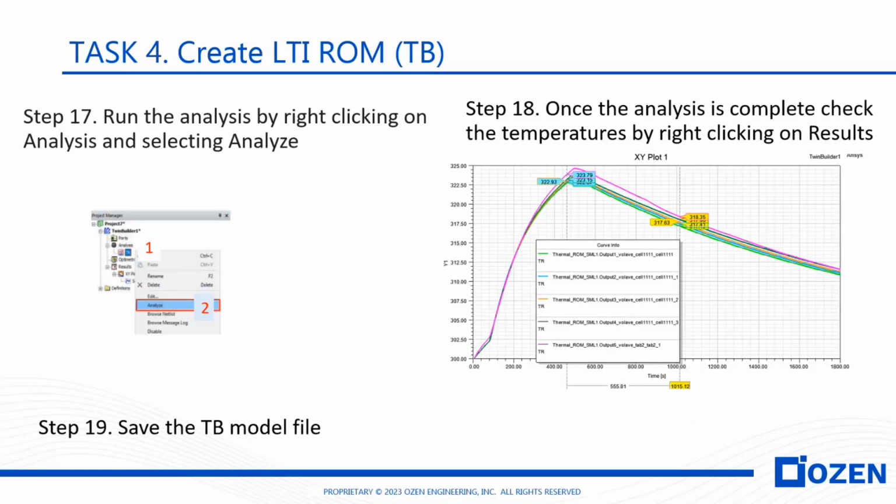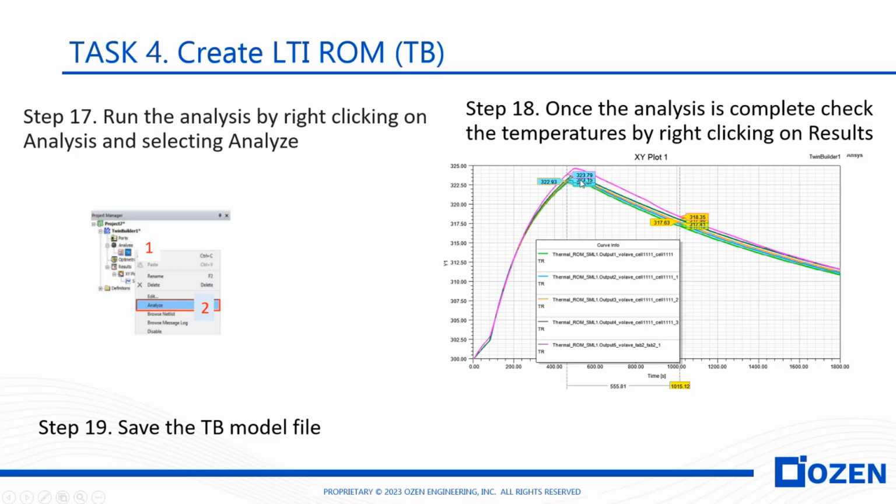And this run will be immediate. As soon as you click analyze, immediately you are going to get the solution because this is a reduced order model. And what happens is, based on the input, you have time from 0 to 1800, which is our max. This is the thermal response, and the thermal response is as expected.